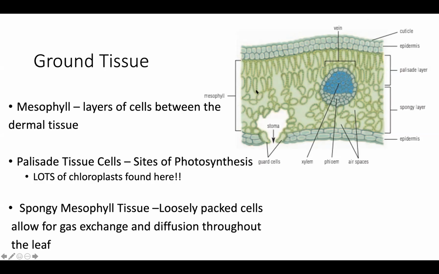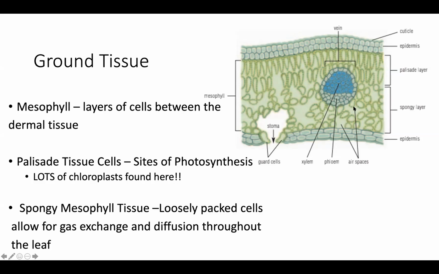And this is because this tissue is making it easier for gas exchange and diffusion to occur throughout the leaf, okay? So these are going to be loosely packed. So the structure, they're loosely packed, and that is to maximize gas exchange and diffusion throughout the leaf. So there's another example of a structure function relationship.